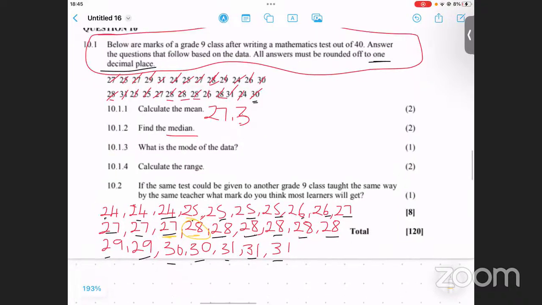So our median is going to be 28 because it's the middle term. You count from this side going that direction, and then from here going forward. The middle number of 25 is 13, so the number on the 13th position is going to be regarded as our median.